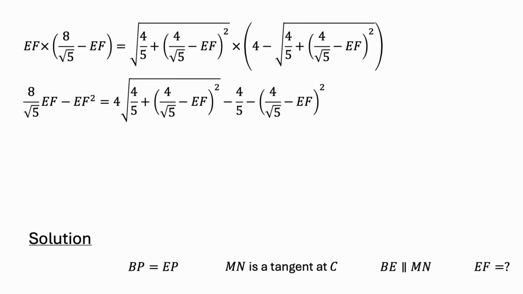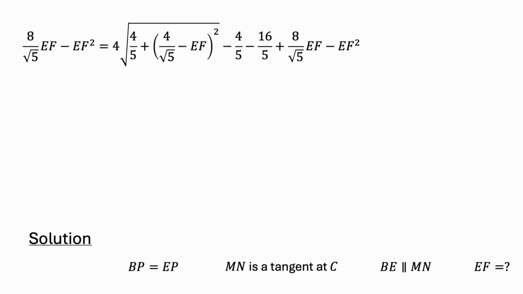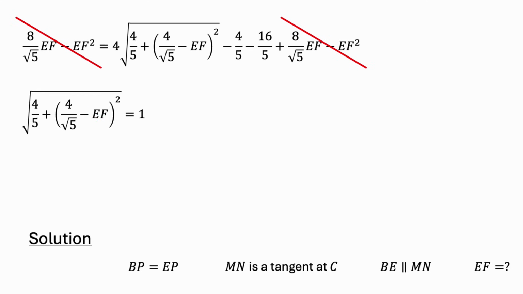After expanding the brackets and expanding this term, we obtain 8 over square root 5 EF minus EF squared equals 4 times square root of 4 over 5 plus (4 over square root 5 minus EF) whole square, minus 4 over 5 minus 16 over 5 plus 8 over square root 5 EF minus EF squared. 8 over square root 5 EF minus EF squared cancels out, and after rearranging, we obtain square root of 4 over 5 plus (4 over square root 5 minus EF) whole square equals 1.